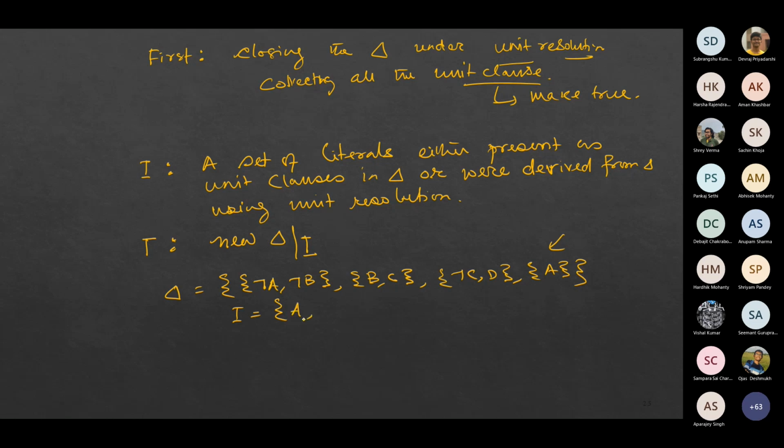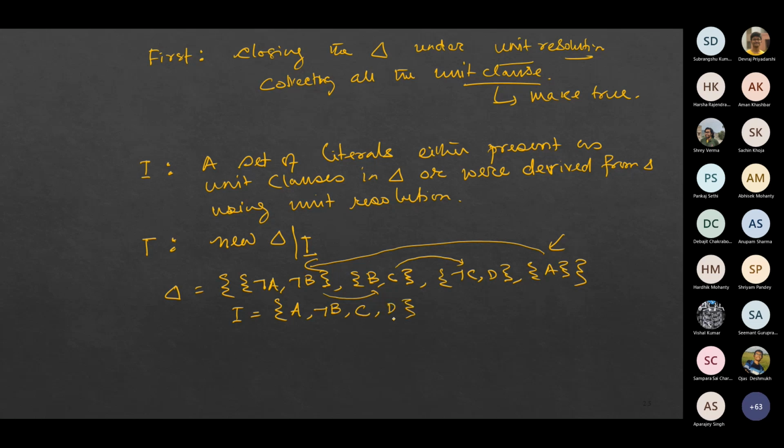And apart from that, we can apply resolution on these two to get not B. So not B will come into our I. Now, as we have not B, we can perform unit resolution with that, and that will give us C. So C will be collected here. Now, as we have C, we can resolve this with not C to get D.